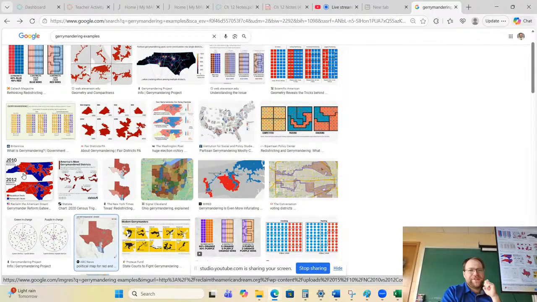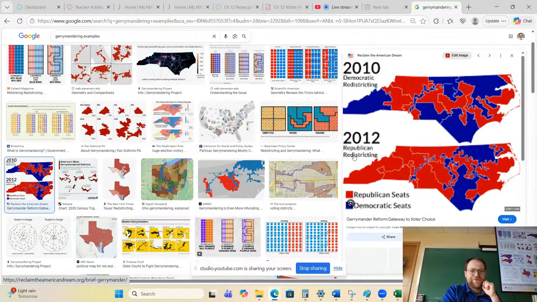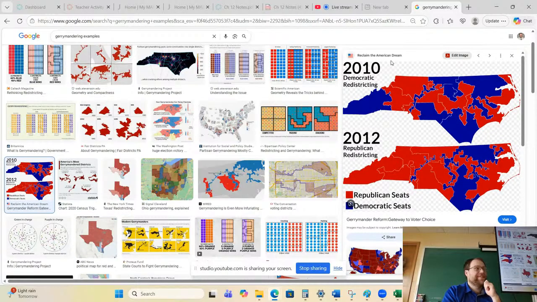Let's see, North Carolina is notorious for that. If I can get the picture to load. There's been so many fights about gerrymandering forever. I remember whenever Obama was being elected, there were actual fights about it.